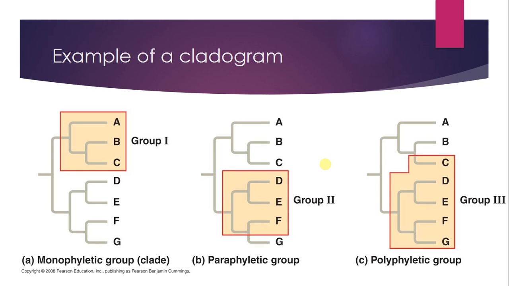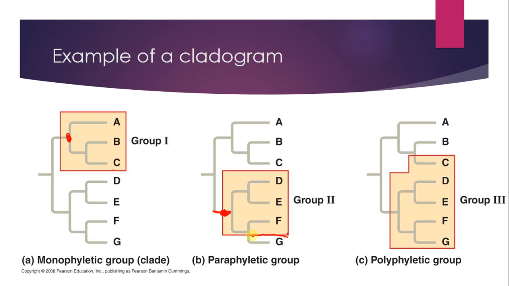So, here we use the same cladogram. Group 1 is a monophyletic group. It contains a common ancestor here, and 100% of all of its descendants. A paraphyletic group contains a common ancestor, right here, but not all of its descendants, not 100% of them.